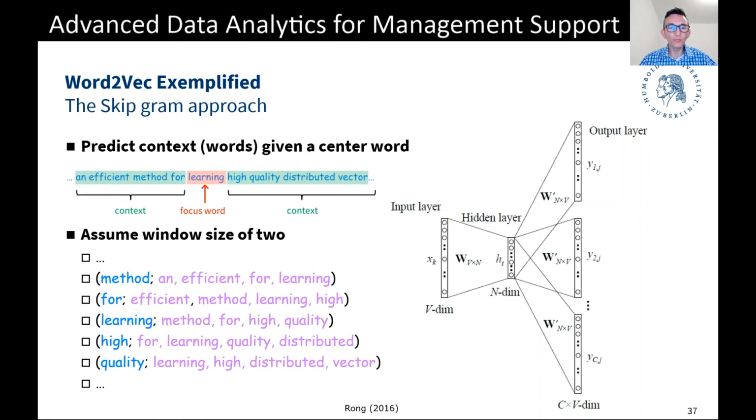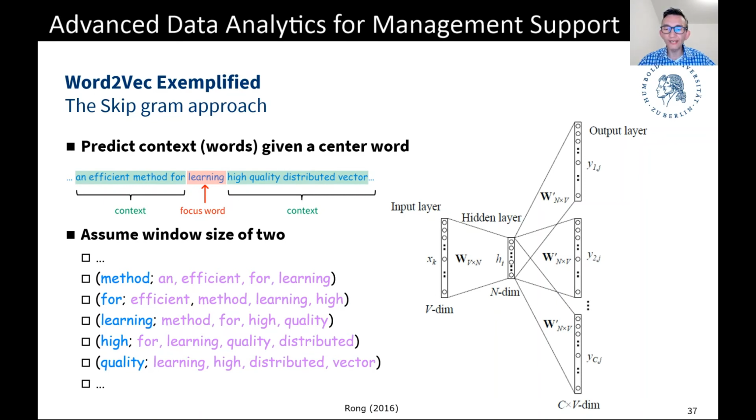In a nutshell, we can again construct our training data, and we can come up with a neural network architecture, the structure of which you see here, where we have these stacked pillars representing the multiple context words using a one-hot encoding.